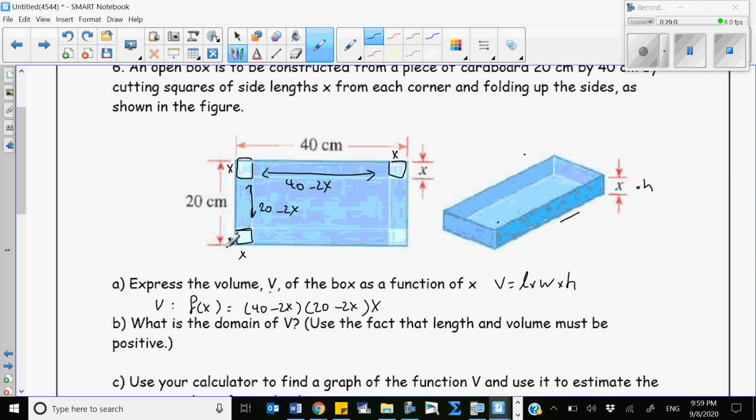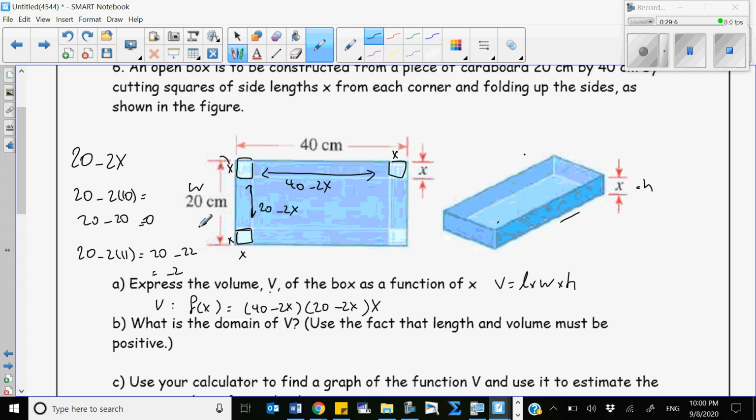Okay, we know that the width should be a positive number. It's 20 minus 2x. If this x is something, let's say 10, it will be 20 minus 2 times 10, which is 20 minus 20, and that's 0. But if I use a number bigger than 10, like 2 times 11, it will be 20 minus 22, which is negative 2, and the width cannot be a negative number.